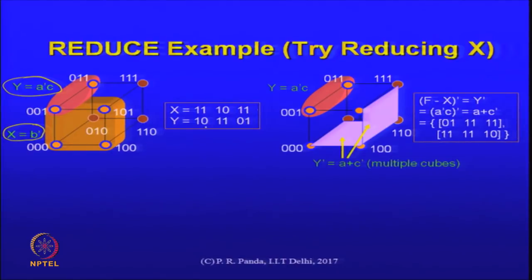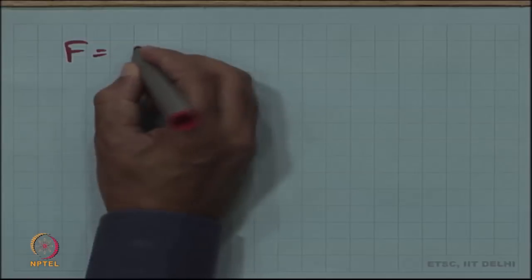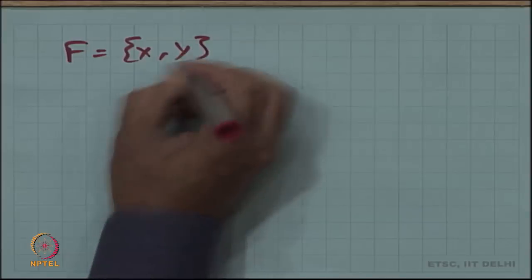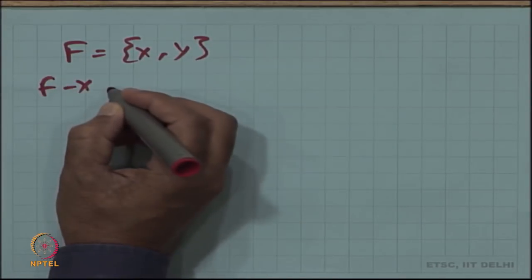What is f minus x in this example? F is the set of all the cubes that we start off with. So, x and y, that is the set of all the cubes. So, f equals just x and y. What is f minus x?